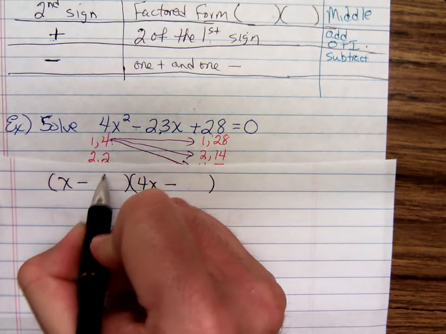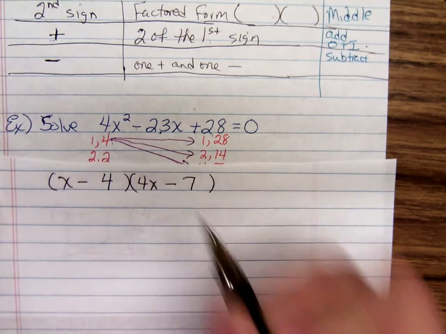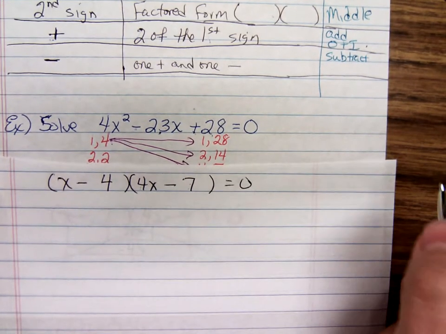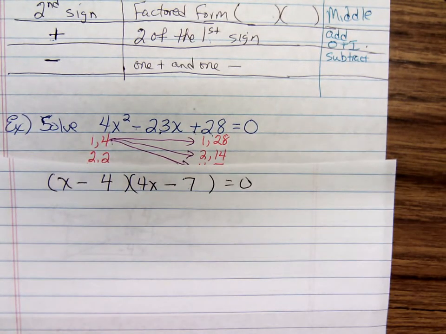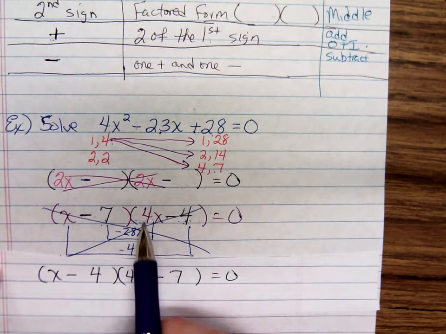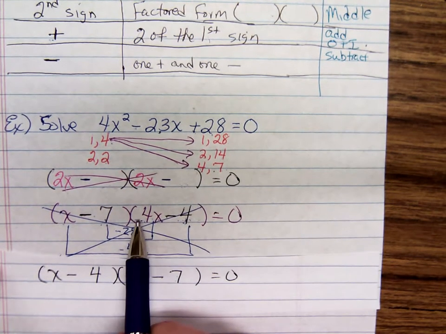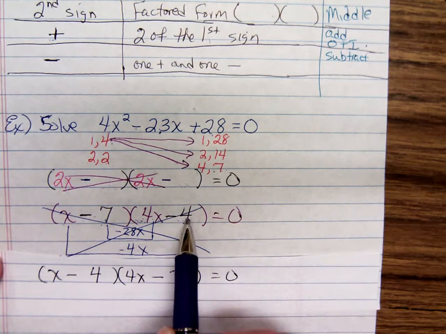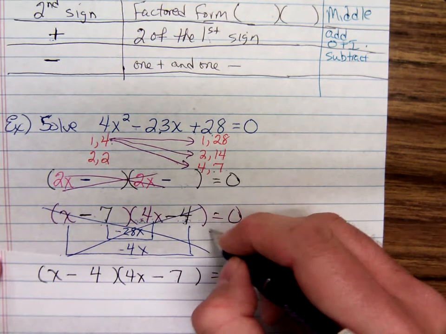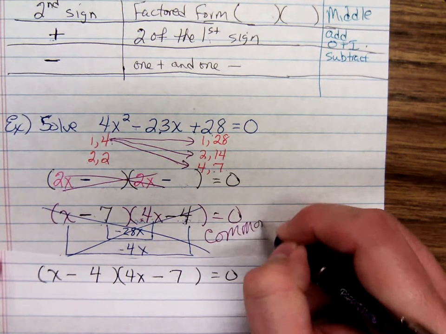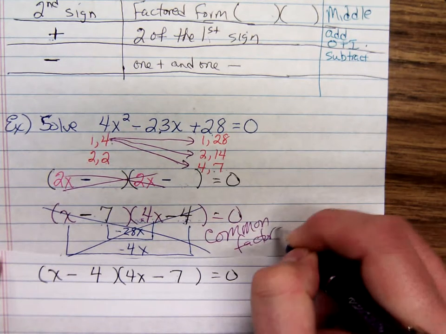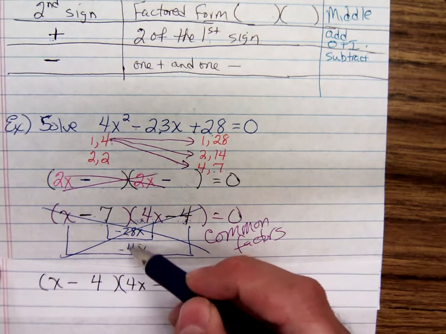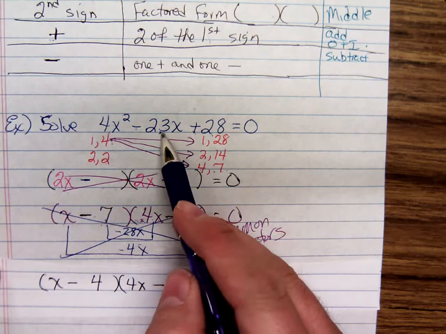Let's try the 4 here and the 7 there. That's what I wanted to do. I just wrote the wrong thing down. I'd already said you can't have the 4 and 4 here because there's common factors. And you can see negative 28 and negative 4 don't combine to give negative 32.